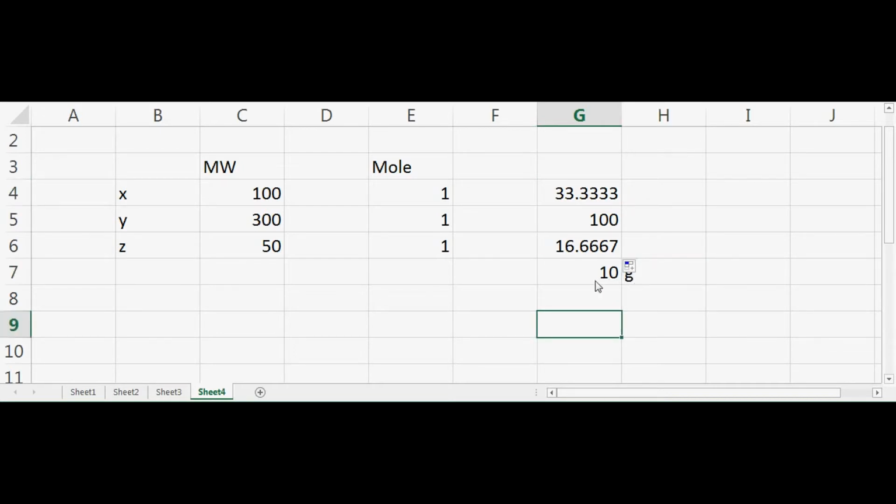So again we will take the sum of all these three together, this plus this plus this, and then we multiply it by this. So now it gives us the weight percent, and then we multiply it by the 10 here.